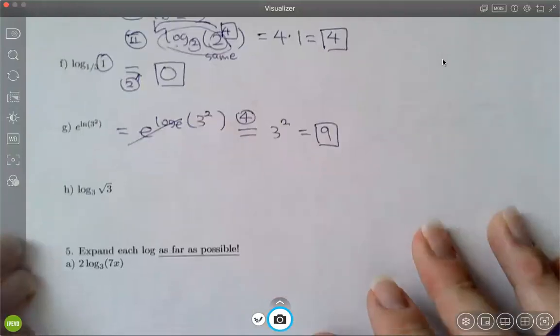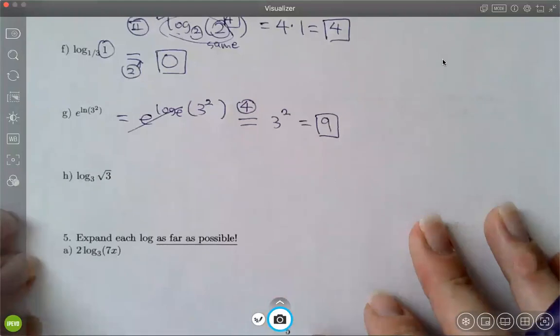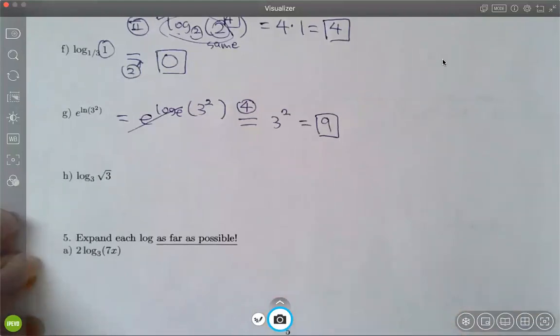And now, part H. Log base 3 of the square root of 3. Here the two numbers are 3 and the square root of 3. And are they related? Yes. Yesterday we saw the conversion of the square root into exponential form, and hopefully you remember that, because it's quite important.